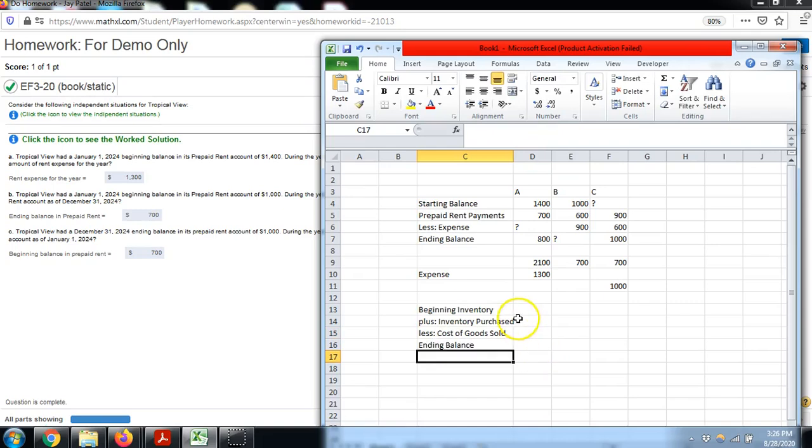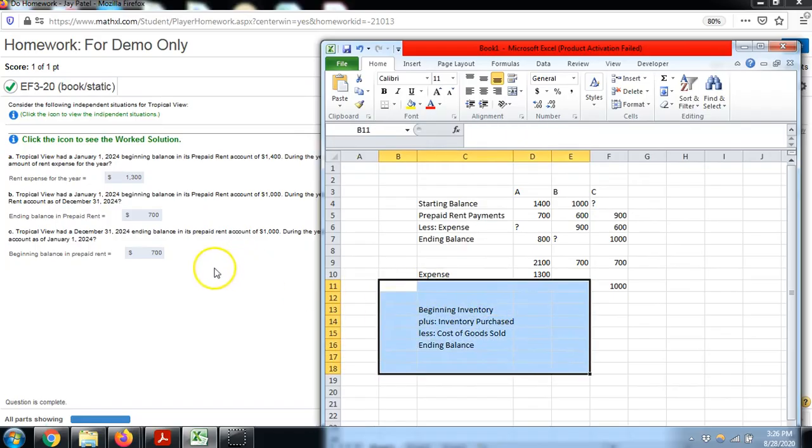So we will learn more about this in chapter 5, but basically this type of calculation where you have a starting balance, you see what you added, you see what you expense, and then you get an ending balance. We're going to be using this quite a bit, so it's good to be kind of familiar with how this relationship works between these different things.